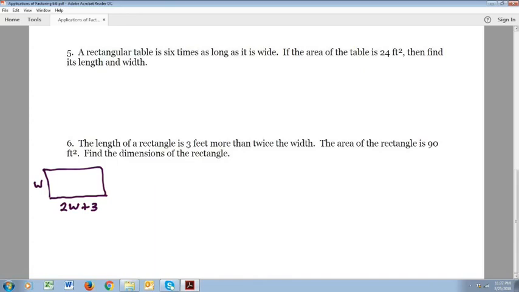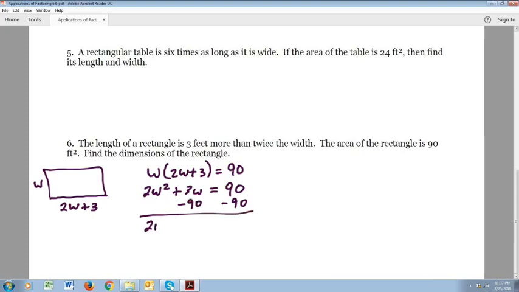So now we know length times width is equal to our area, which in this case is 90. So let's go ahead and distribute here. And again, this is quadratic, so our strategy is to get 0 on one side. So let's subtract 90 on both sides.